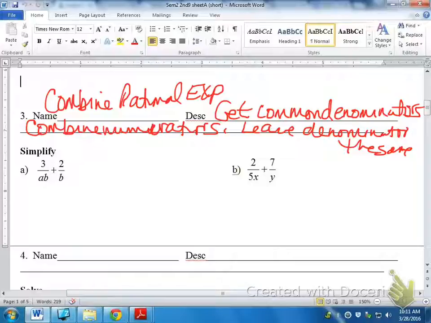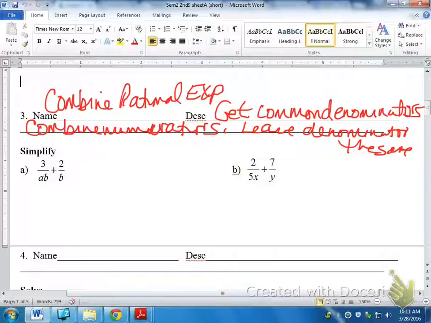Don't those both have to be over the same thing before you can combine them? Yes. The good news on this first problem, they at least both have a B. What's missing out of the second one? An A. Okay, so here's the deal.